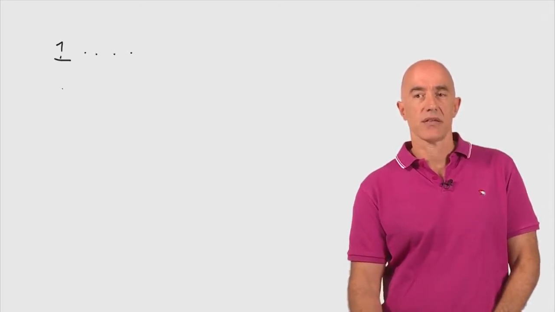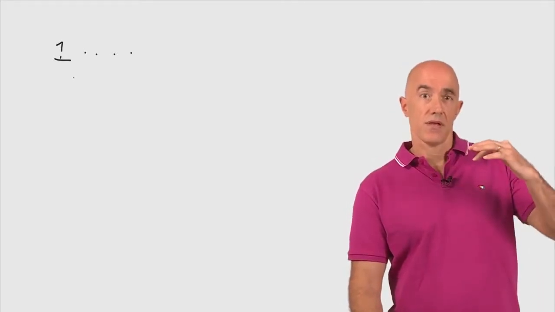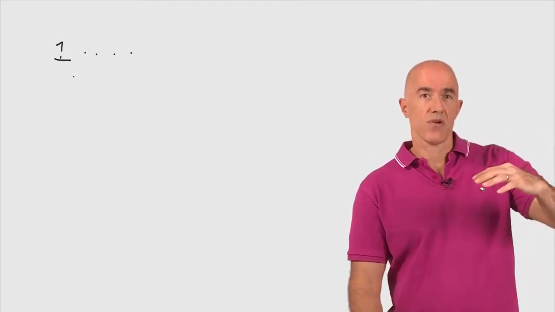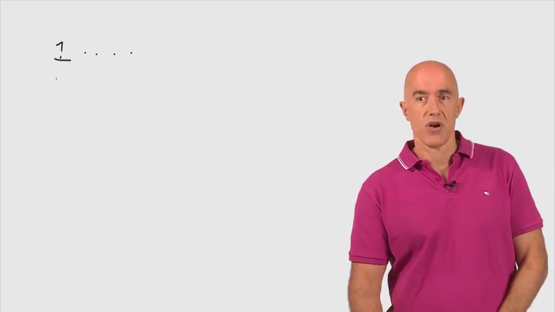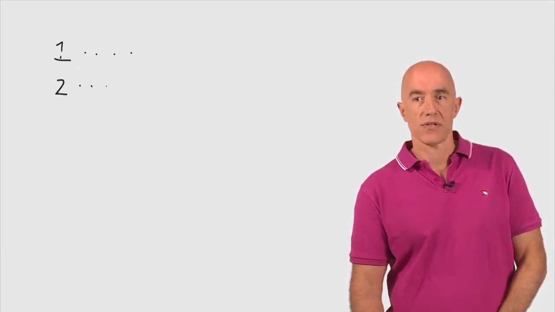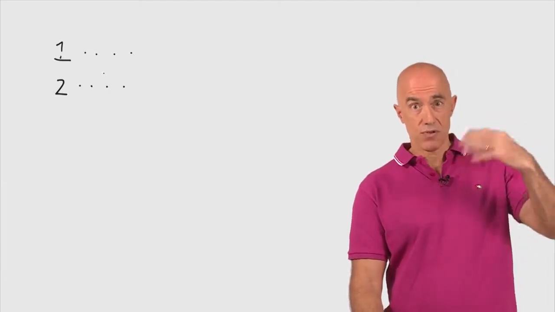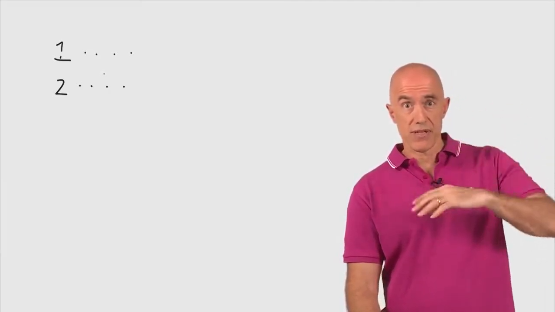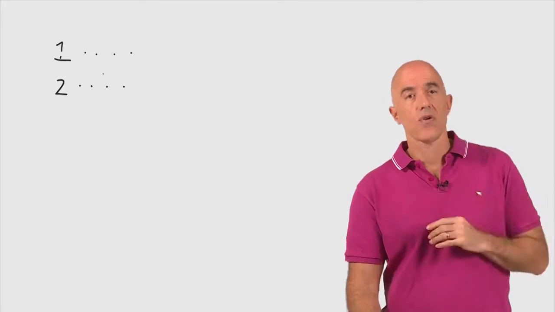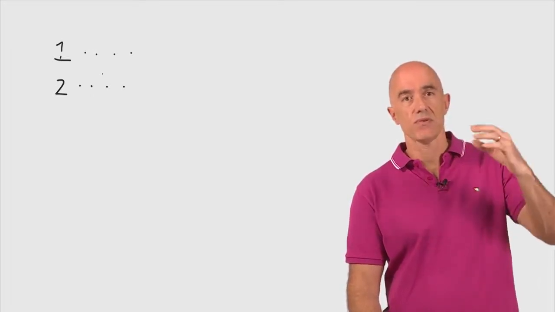We can start by climbing the first stair, by 1 stair, and then climb the rest of the staircase. The other way is we can start with 2 stairs and then climb the rest of the staircase. So we have those 2 possibilities. The first step we take can be 1 stair, or the first step we take can be 2 stairs.